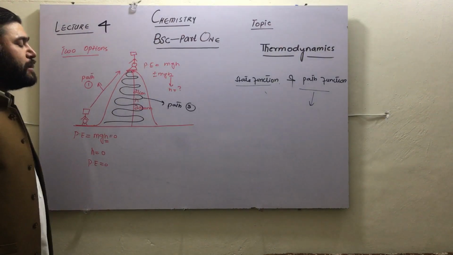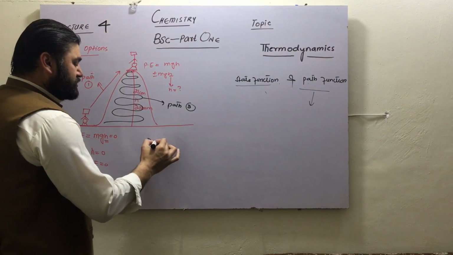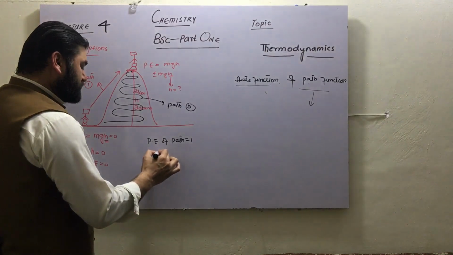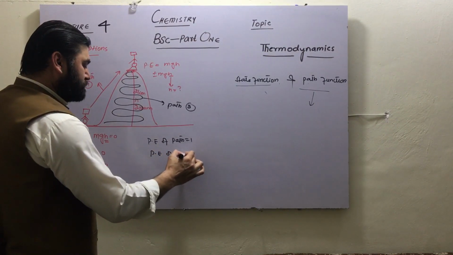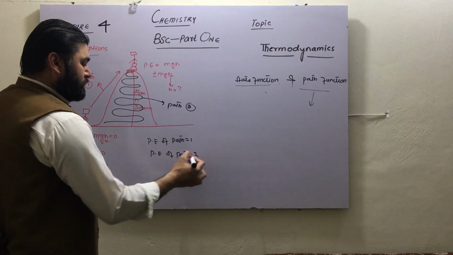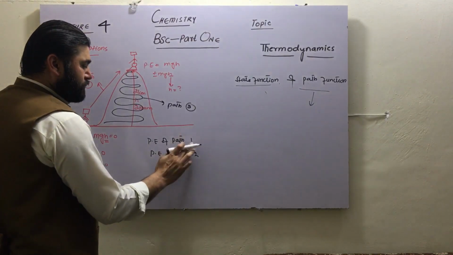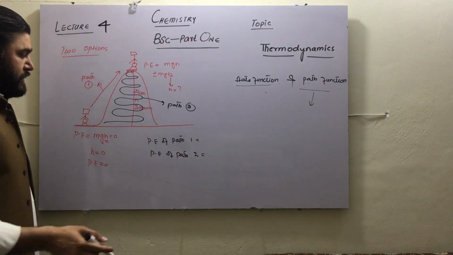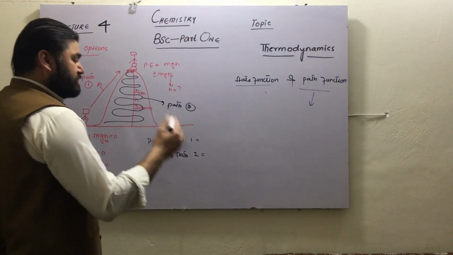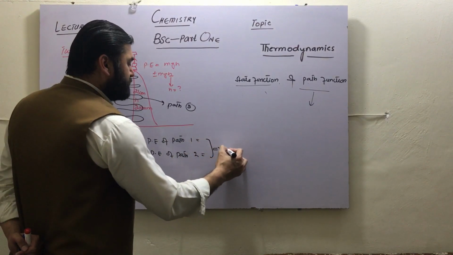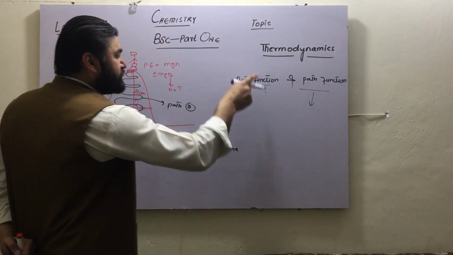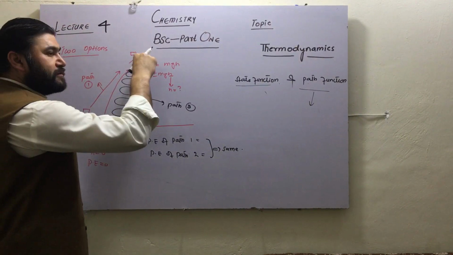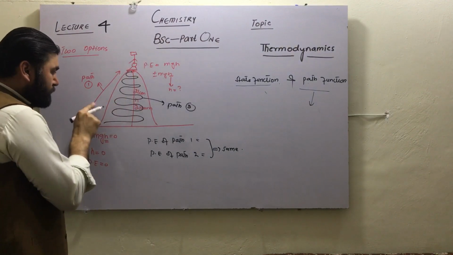Now, if somebody asks you what is the potential energy of path 1 and what is the potential energy of path 2, is it same or different? It is same. Why is it same? Because a state function only tells you the initial and the final state. It does not deal with the path.